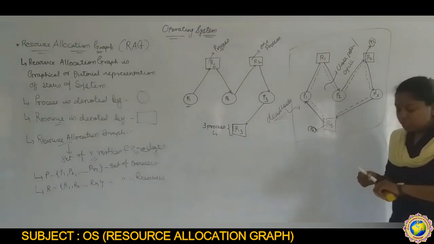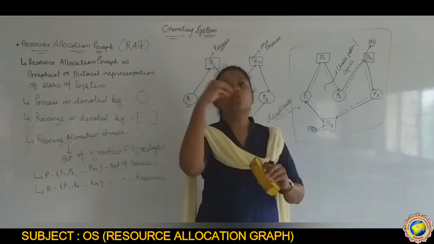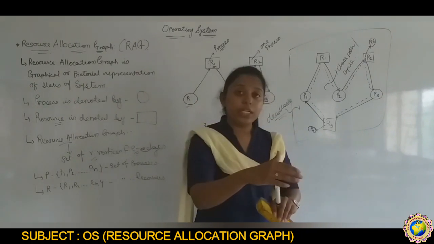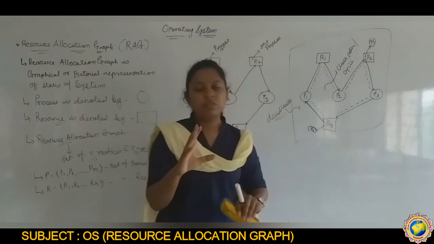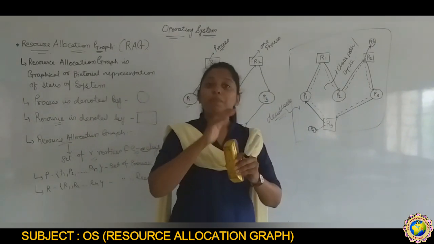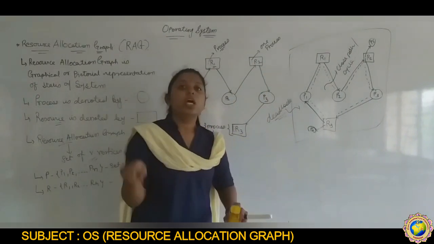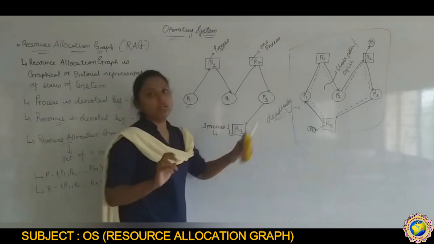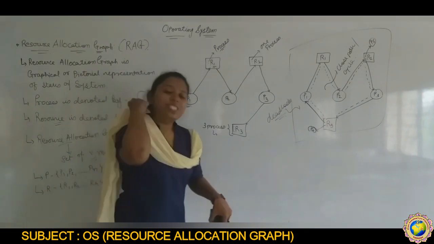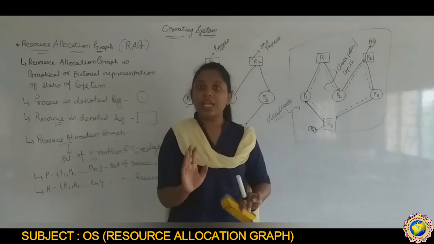In short, we can say when the resource is allocated to a process and another process has to wait indefinitely, that means this resource may not be allocated to that process, then this situation is called deadlock.